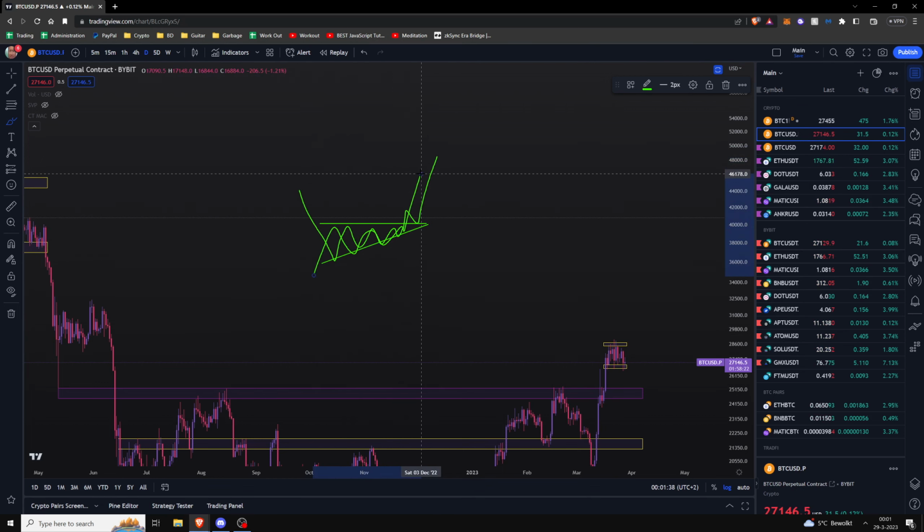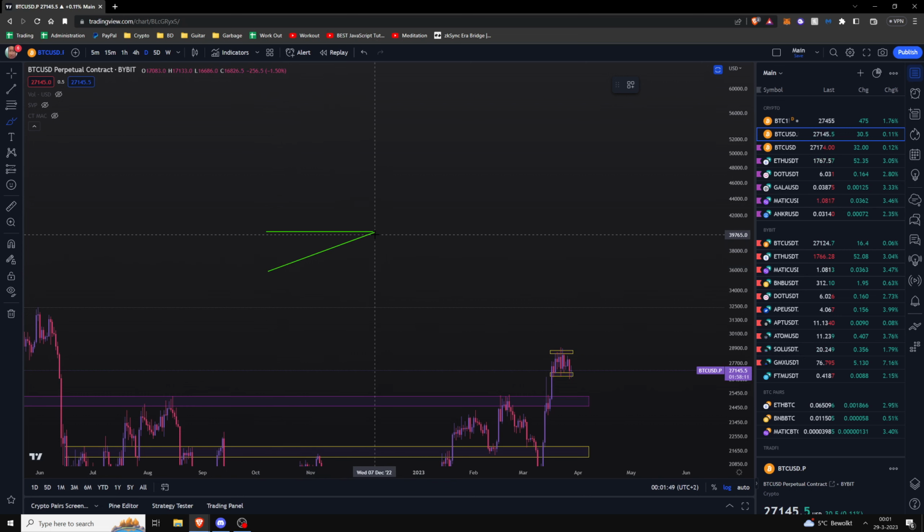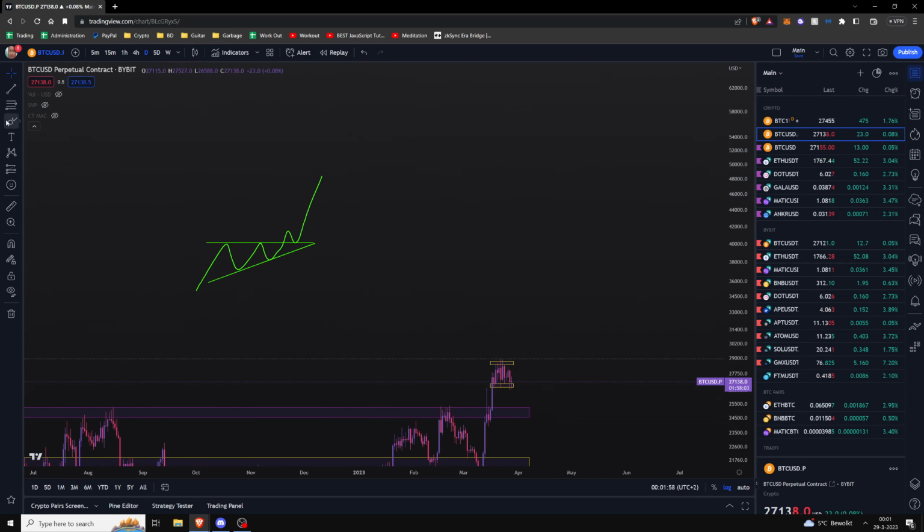So these are a bit more neutral, but generally, a flat line at the top with ascending support is an ascending triangle, more likely, keyword, more likely to break up to the upside.